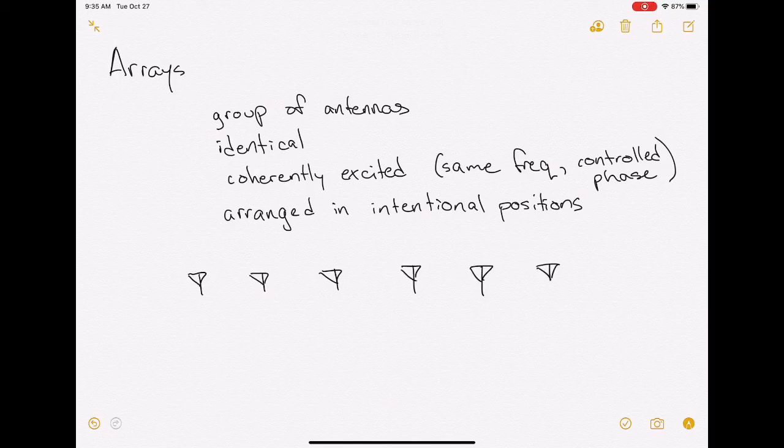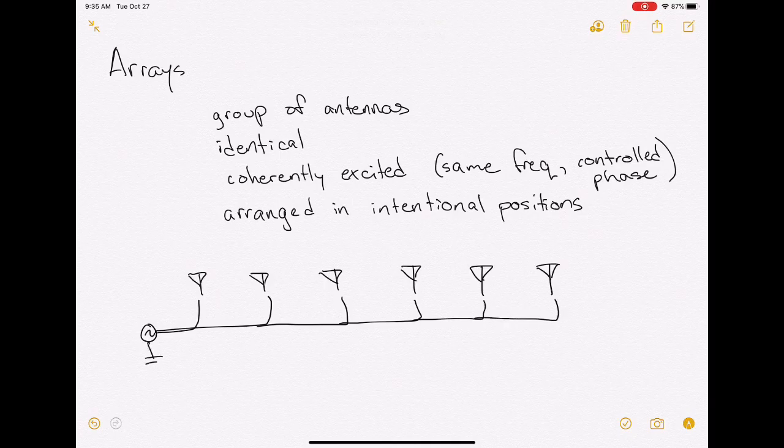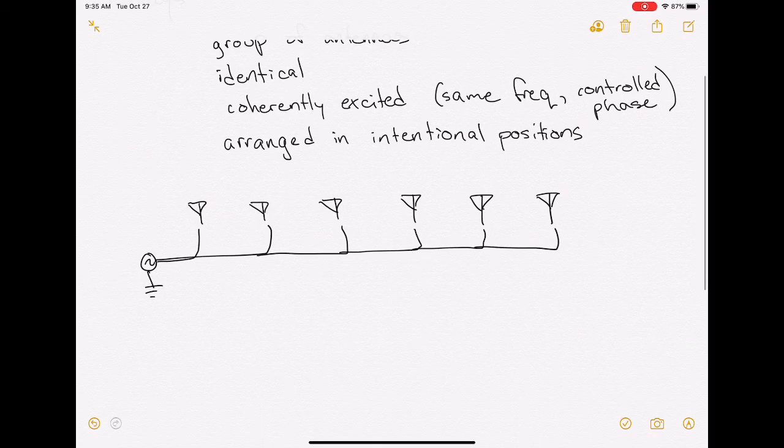And the reason that you do this is if you do excite these all with the same frequency and controlled phases, then the directivity of the group of antennas together is increased by a lot over the directivity of just one of these antennas alone. Then, all right, how does this work in practice and why does it work?